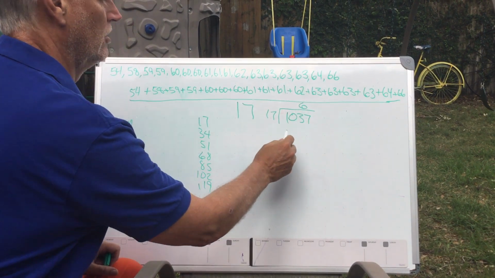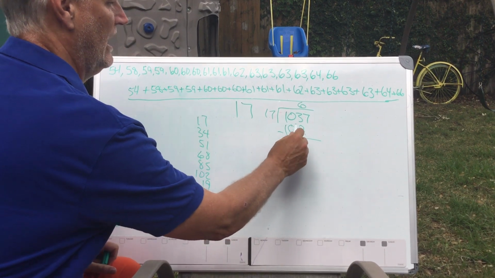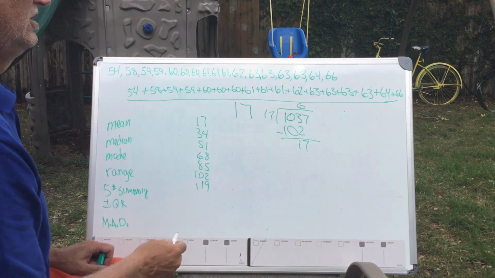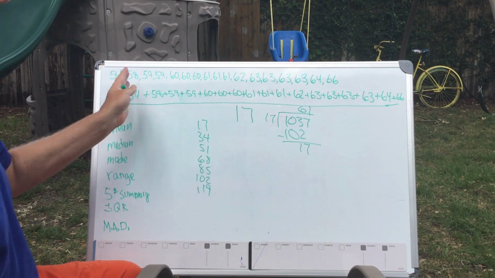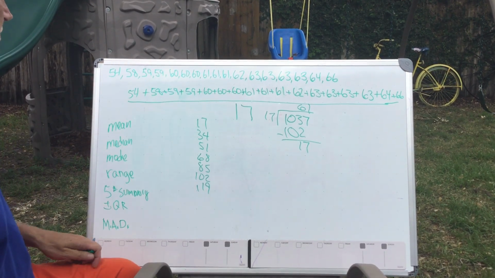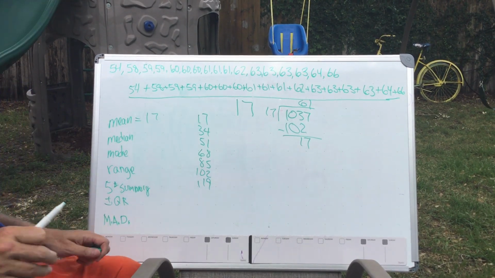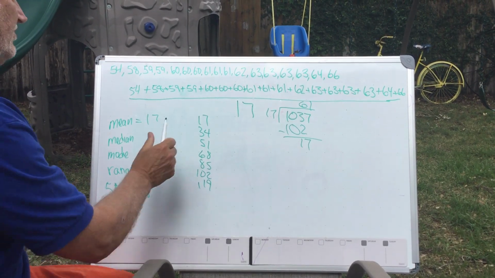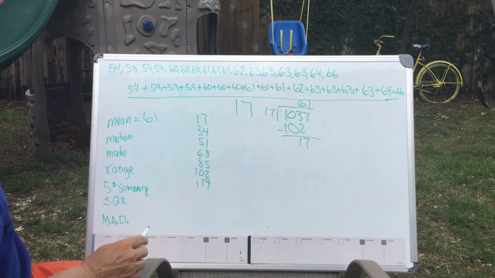So 17 goes into 103 6 times, which is 102. Subtract that, 17. So the mean height, the average height of all the students in this particular class is 17. No, it's not 17, Mr. Raber. It's 61. Okay? 61.